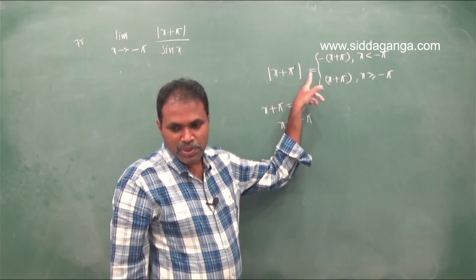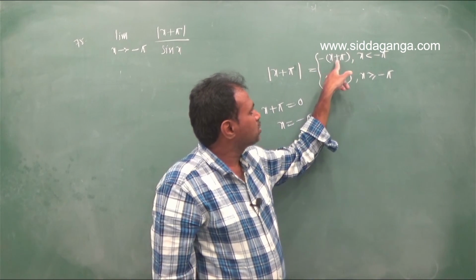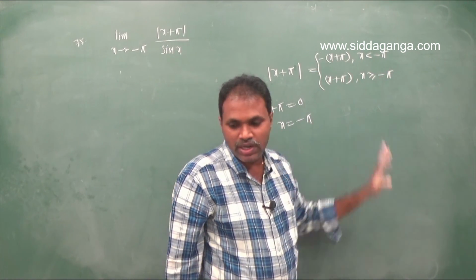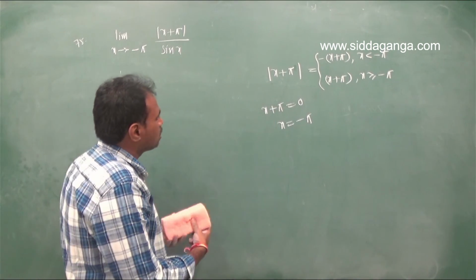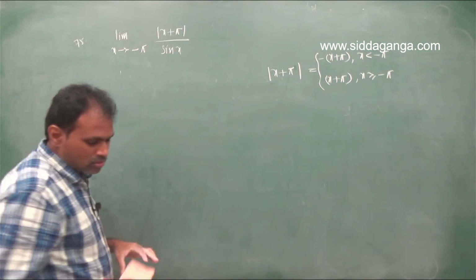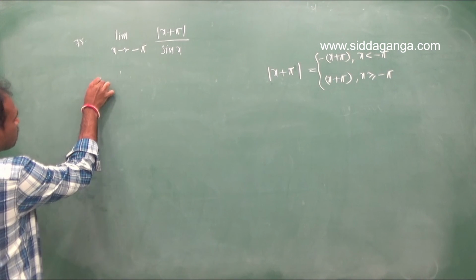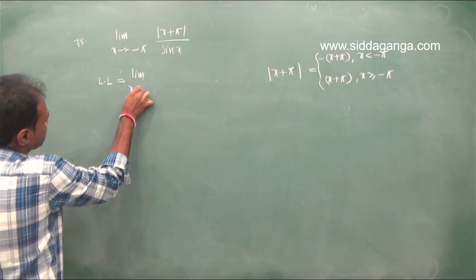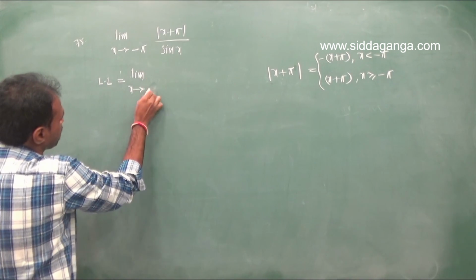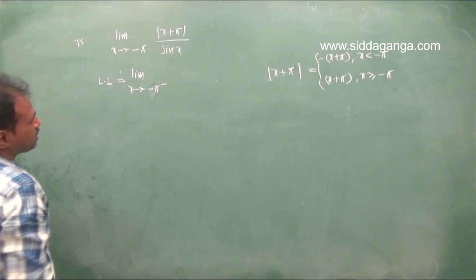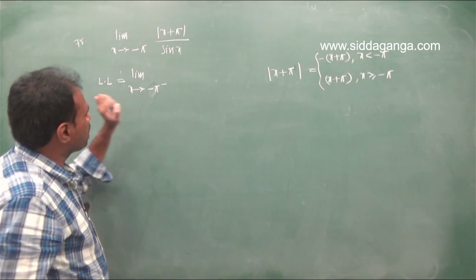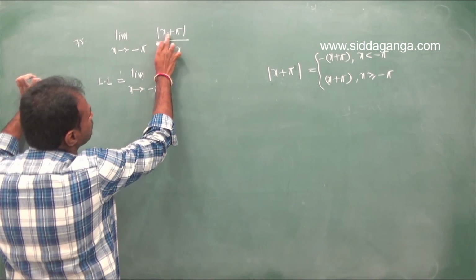Mod of x plus pi equal to minus of x plus pi if x is less than minus pi, and x plus pi if x is greater than or equal to minus pi. Now here left limit equal to limit x tends to minus pi minus.